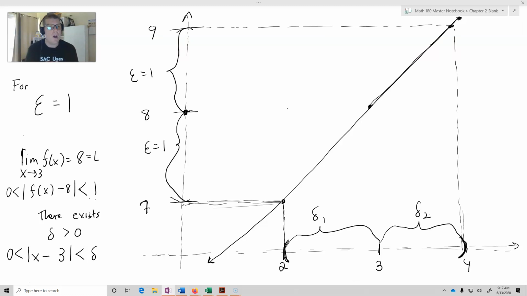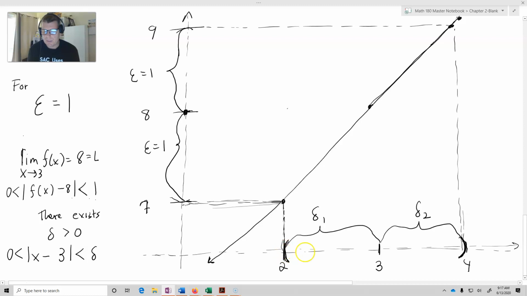But they're not always going to be the same size, and we'll see some examples in which that's the case. What we want to say is, I've got these two deltas, and as long as I'm within this region between 2 and 4 on the x-axis, I'm going to get something between 7 and 9 on the y-axis.